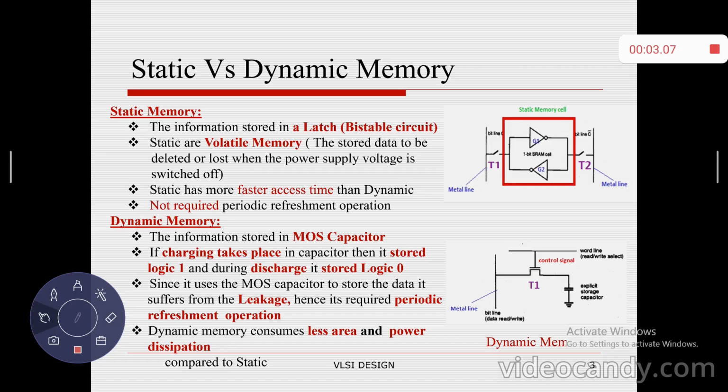One more drawback of dynamic memory is that it consists of a MOS transistor, and one of the second order effects of a MOS transistor is leakage current. Since the MOS transistor suffers from leakage current, a periodic refresh operation is required for dynamic memory.